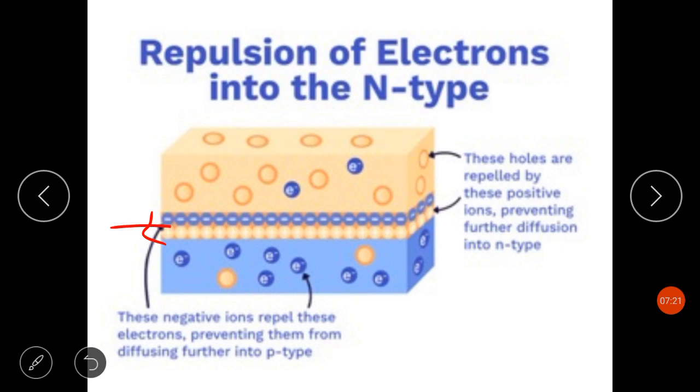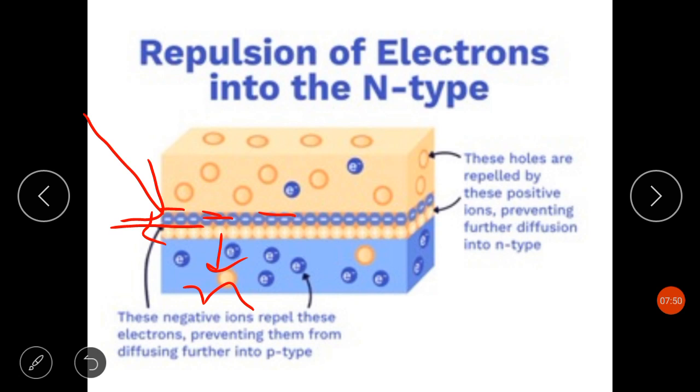Since the P side of the depletion region is negative, when sunlight falls on the depletion region, it can cause the electron to leave the holes they fill. These electrons, after getting free in the depletion region, will be repelled by the negative charge in the depletion region towards the N side.